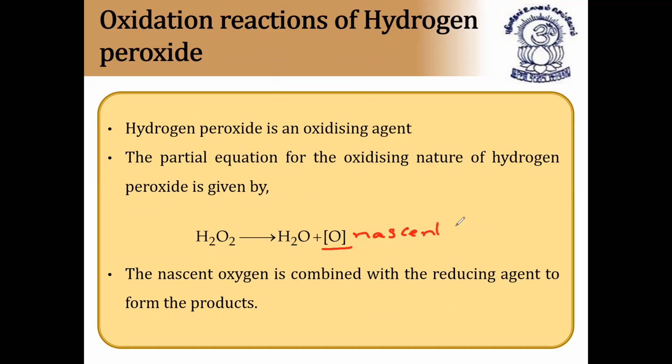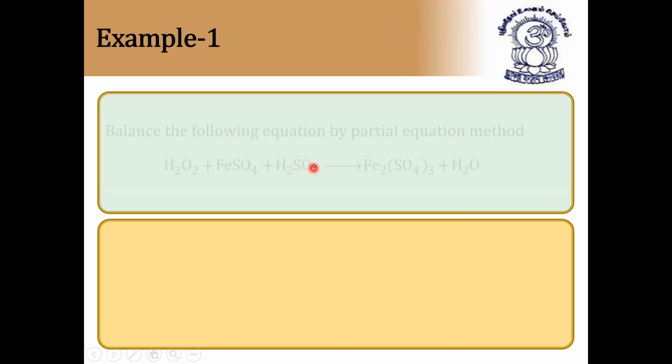The nascent oxygen is combined with the reducing agent to form the products. So let us see how the equations will get balanced here. This is nothing but the oxidation reactions of hydrogen peroxide. It's very, very important for advanced level.